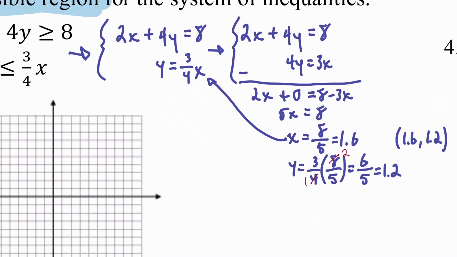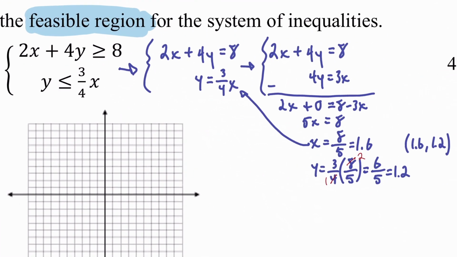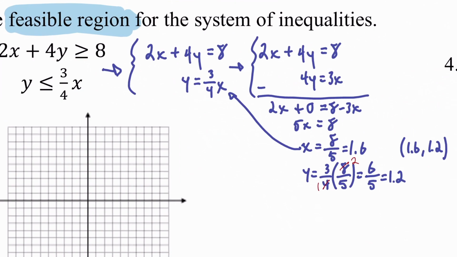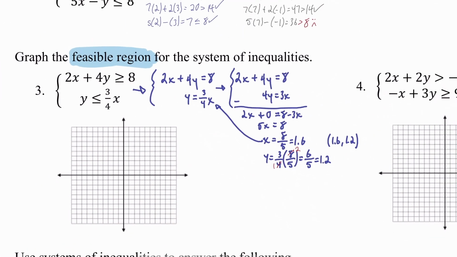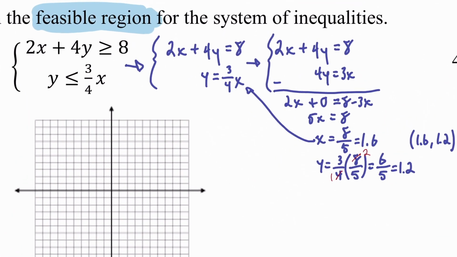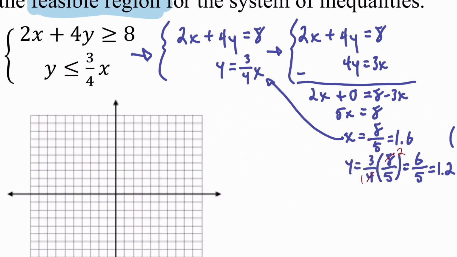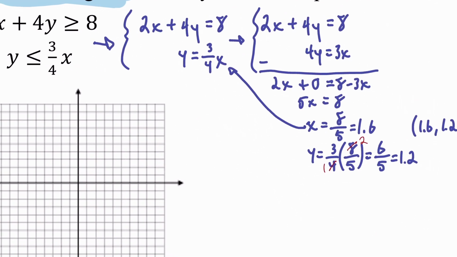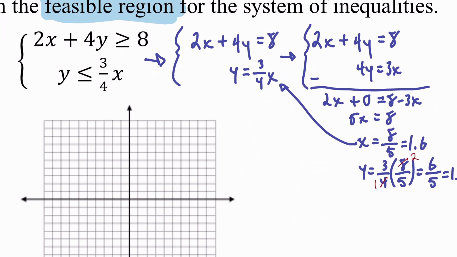Now the other thing I notice is this. I want to graph these. The intersection point is great and all, but it's not the only way to do it. I'm kind of all over the place on this one because there are multiple ways we can do things. You don't necessarily need the intersection point, but it can be helpful. So I'm going to backtrack a little bit and just graph this equation.